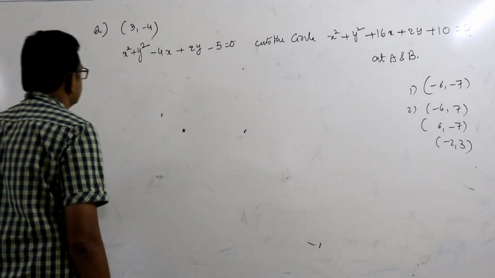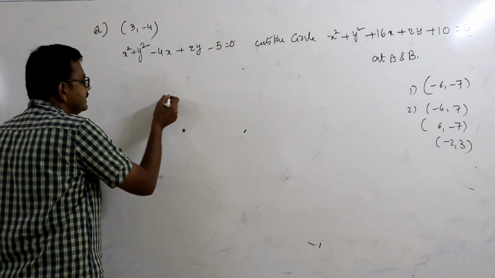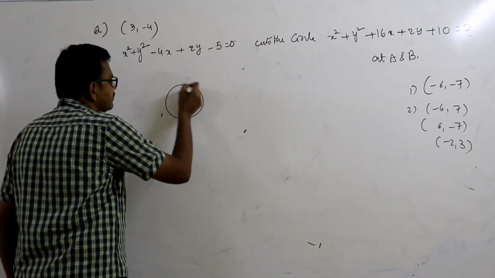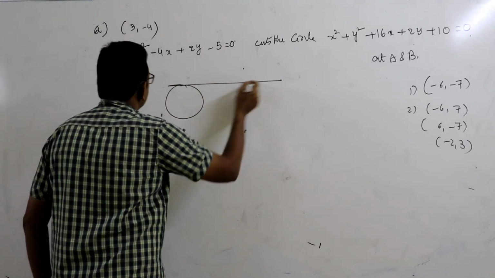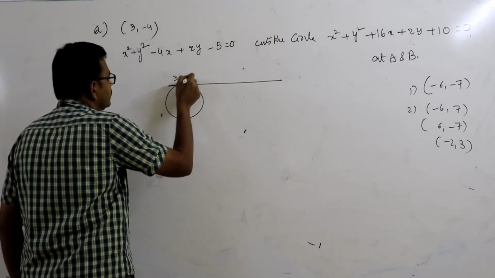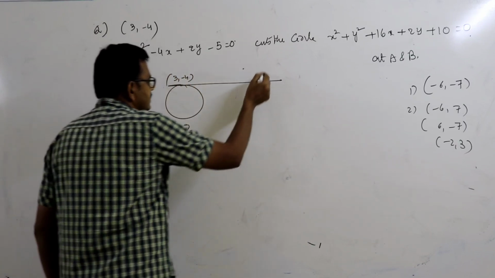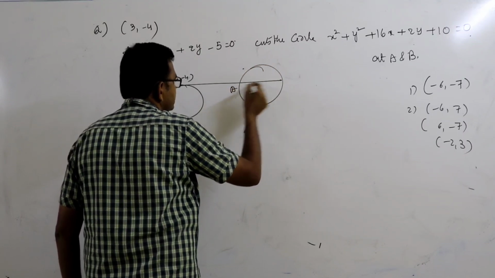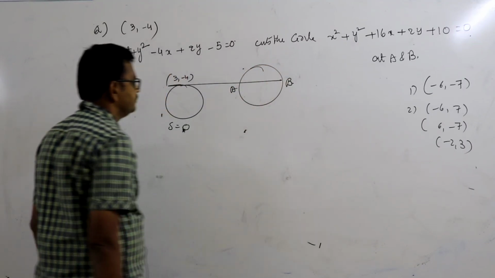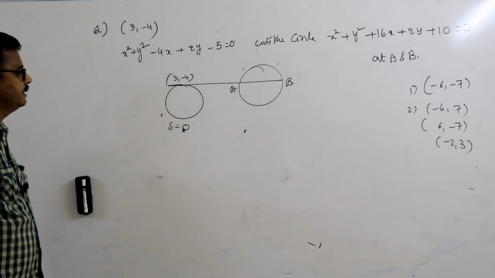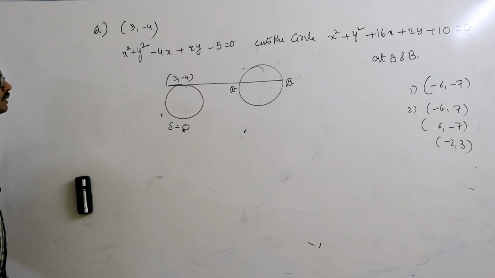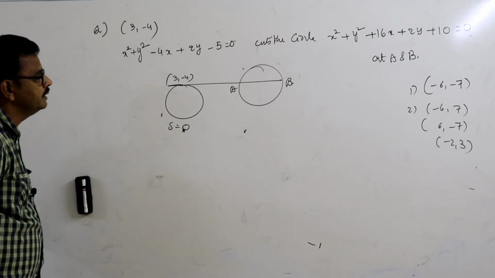The tangent at the point 3 comma minus 4 to the circle cuts the circle at the points A and B. Then the midpoint of AB is.